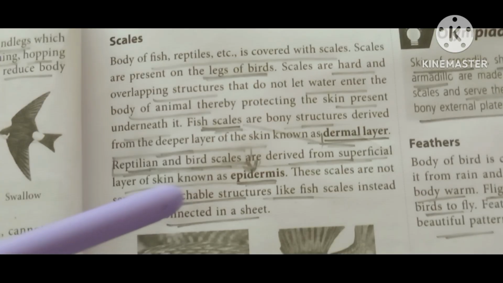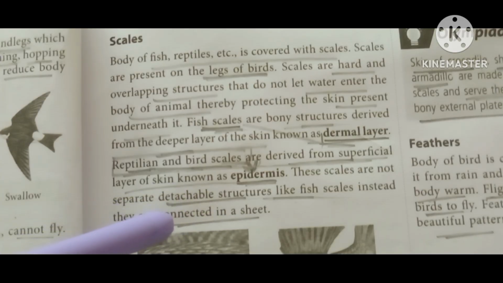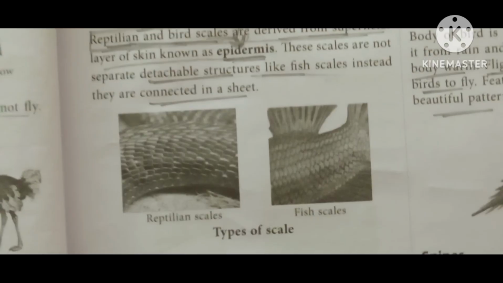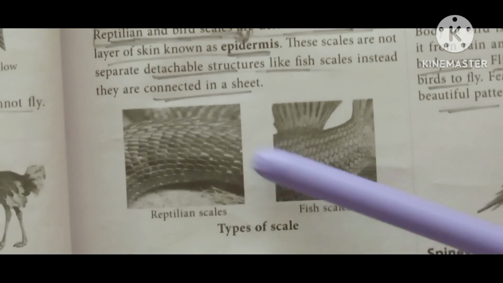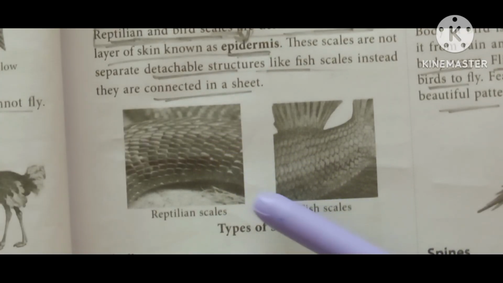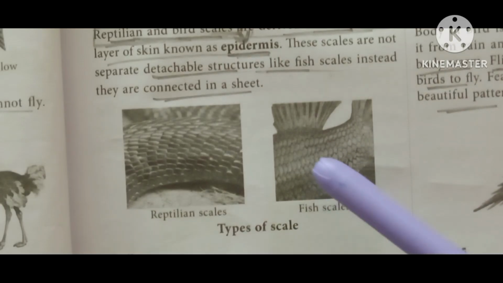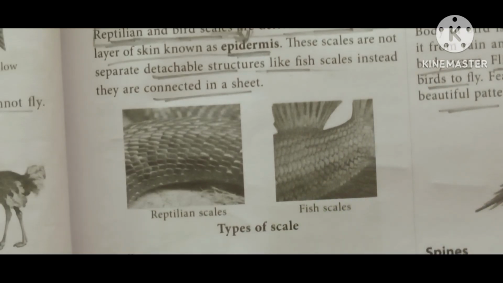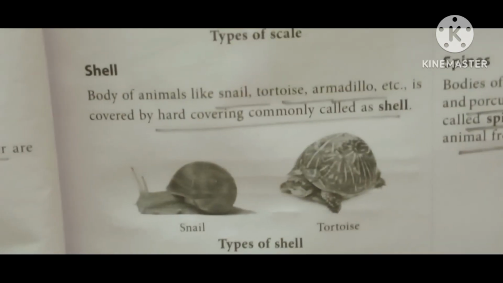They are woven like a shield to protect the internal organs. So these terms you have to keep in mind. In the pictures, these are reptilian scales, in snakes and lizards, and they cannot be removed, and these are fish scales, which can be removed. So these are two types of scales.